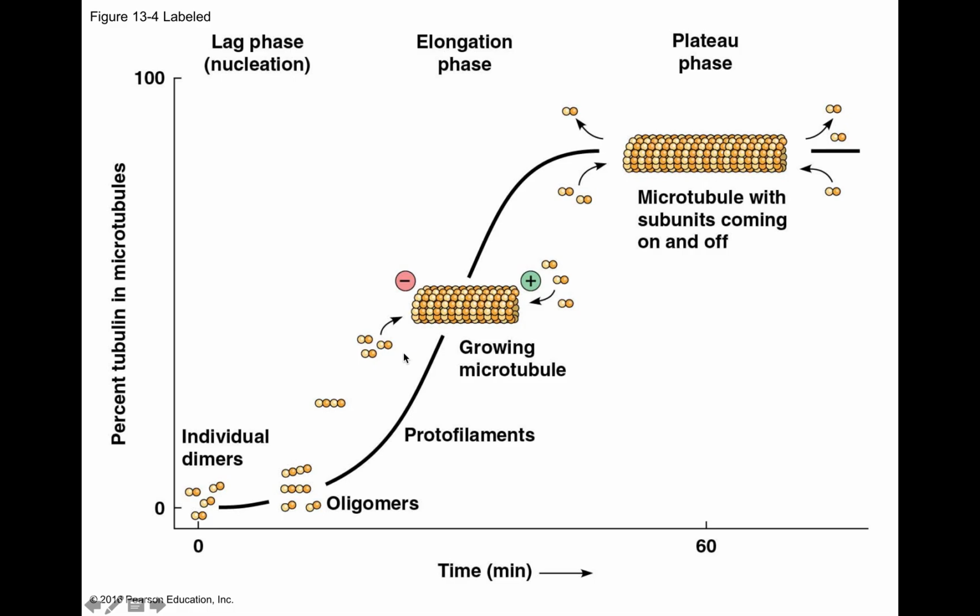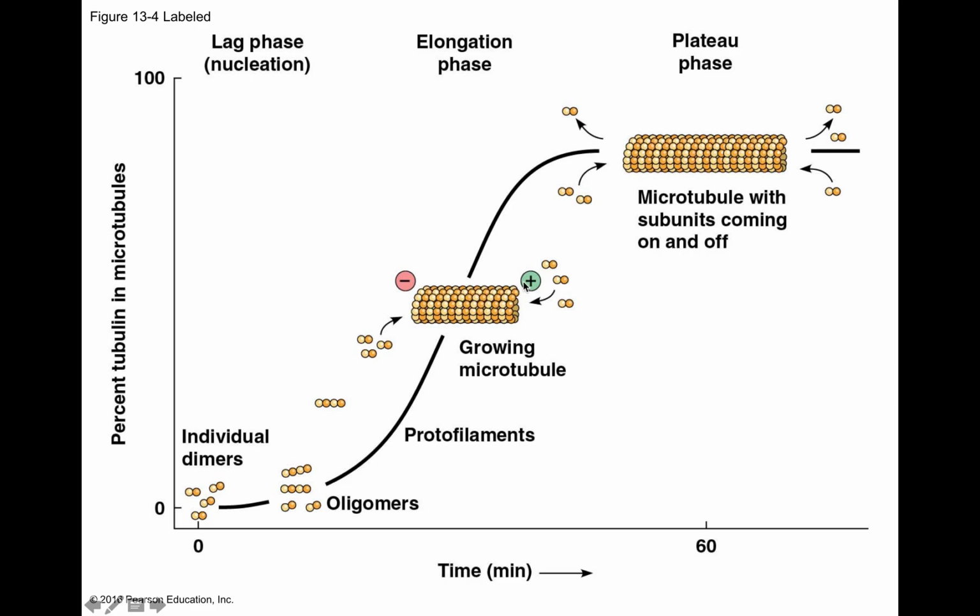It's just on average, the minus end is shrinking and the plus end is growing. Okay, so this depends on many things inside the cell. It depends on the concentration of free doublets. It depends on the concentration of GTP.